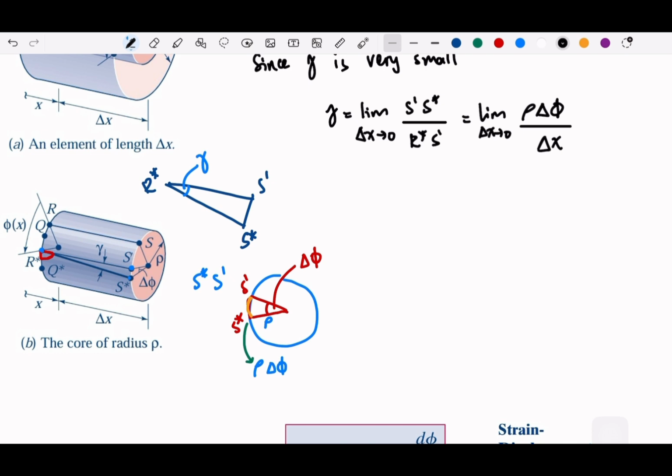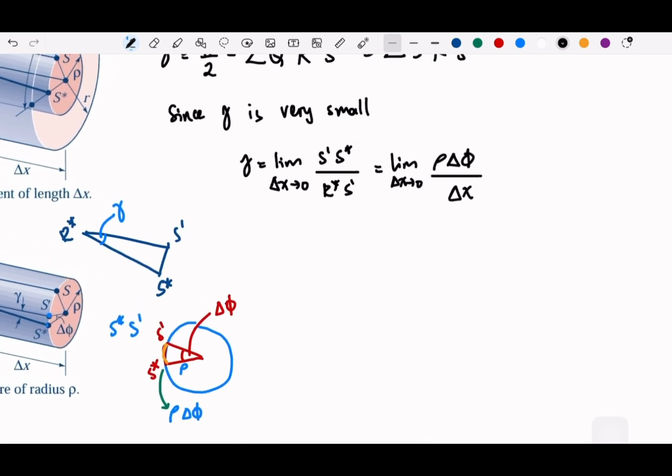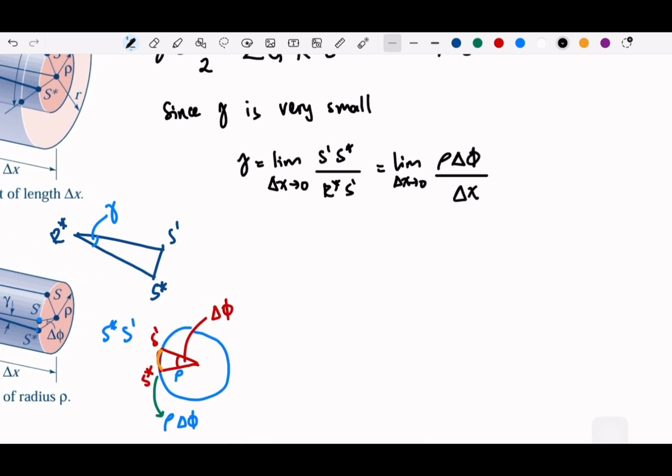And by definition in calculus, the delta means the differences, or the derivative. And rho is just a constant, so this will be rho d psi dx.